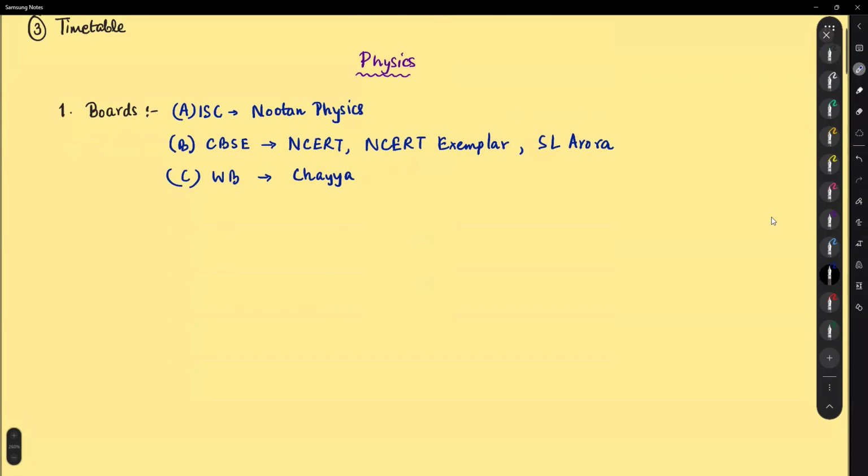Now, how should you follow every book? See, in boards, you basically have three different aspects to look upon, right? The first is theory, the second is diagrams, and third is numericals.